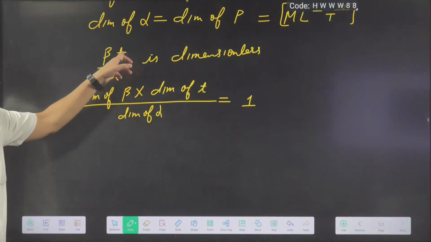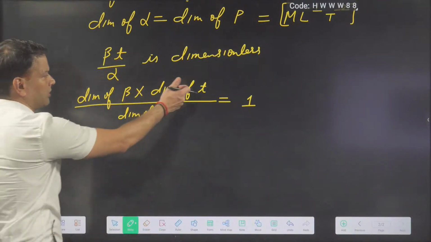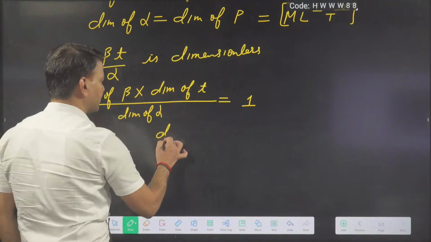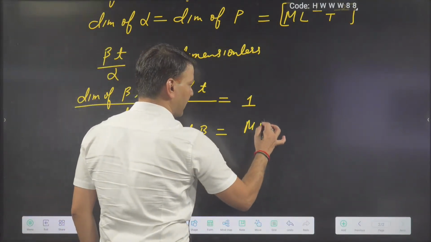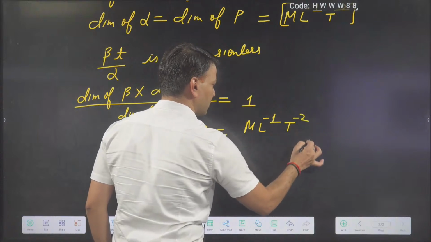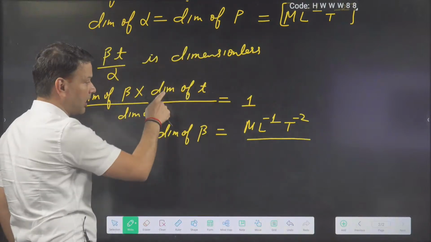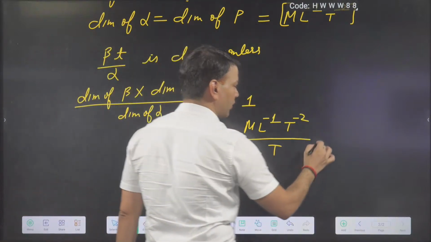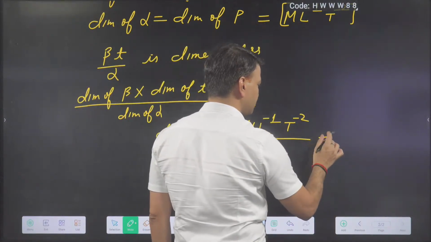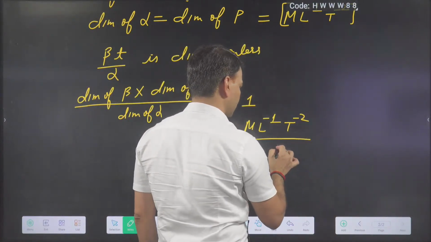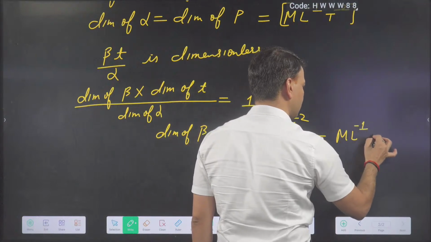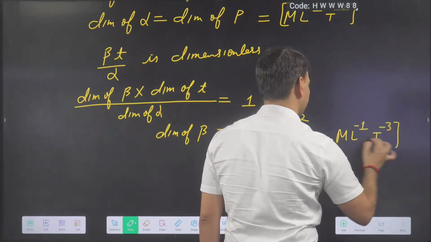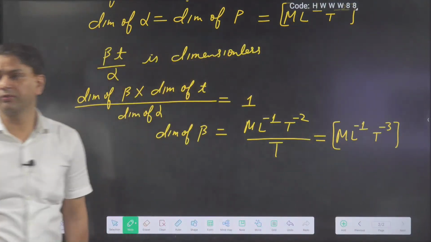Alpha dimension already I calculated. T, we know T dimension is T. So what is the dimension of beta? Dimension of beta is equal to M L minus 1 T minus 2, cross multiply alpha dimension upon T. Then what we got? M L minus 1 T minus 3. That is the dimension of beta.